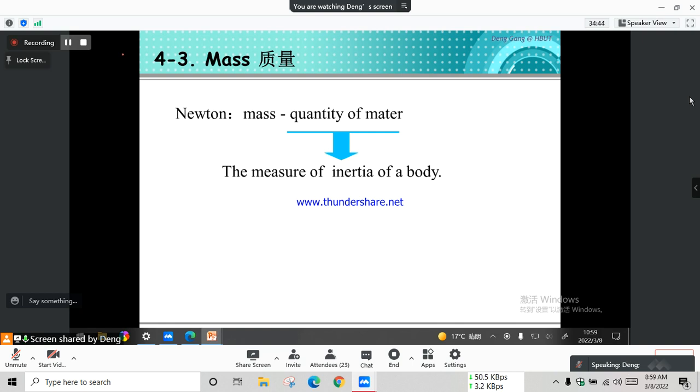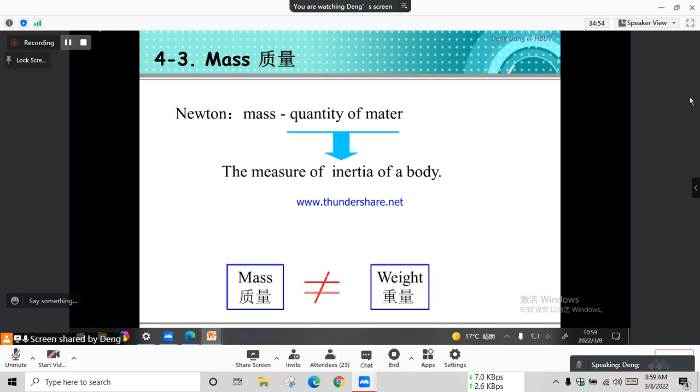That's why we say the mass is the measure of inertia. And you need to know mass is different from weight. Mass is the measure of inertia, while weight is a force, the force on this object near the surface of our Earth.